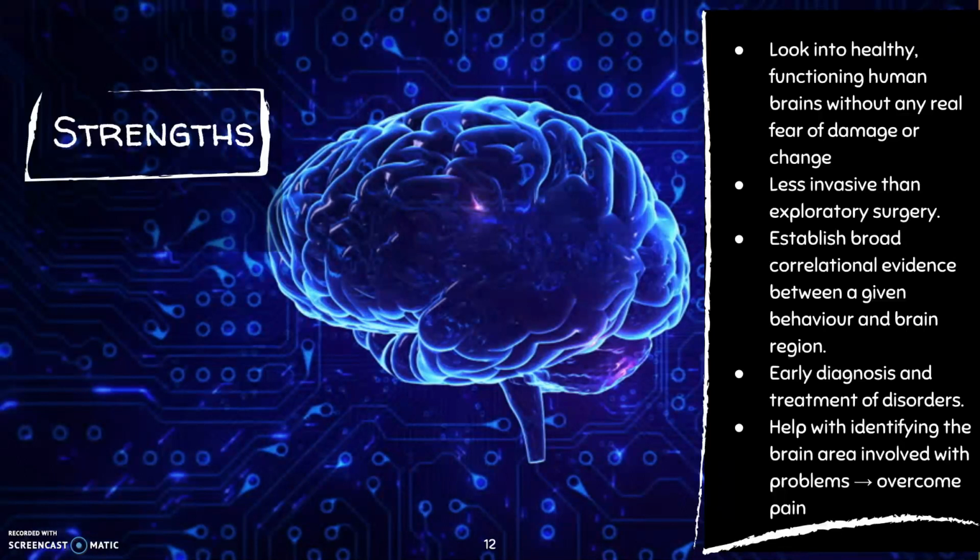We're able to establish broad correlational evidence between a given behavior and a brain region, and this can then be further researched and triangulated. Also, early diagnosis and treatment of disorders like autism, Alzheimer's disease, and schizophrenia can be done. It helps with identifying the brain areas that are involved in problems like phantom limb pain. And overall it can help overcome pain.